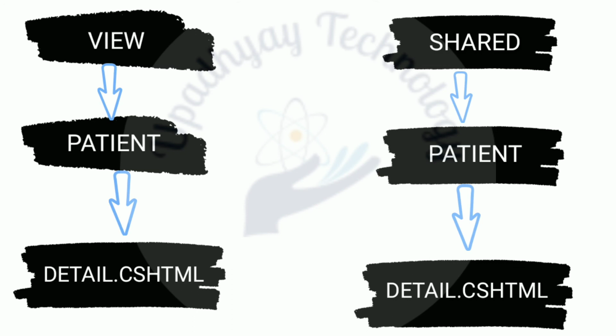And if it is not found, then it starts finding a folder with the name Shared in the Views folder. If it is found, then it again starts finding a folder with the controller name in the Shared folder. And if it finds it in the Shared folder, it tries to find a file with the cshtml extension and the name same as the method name.